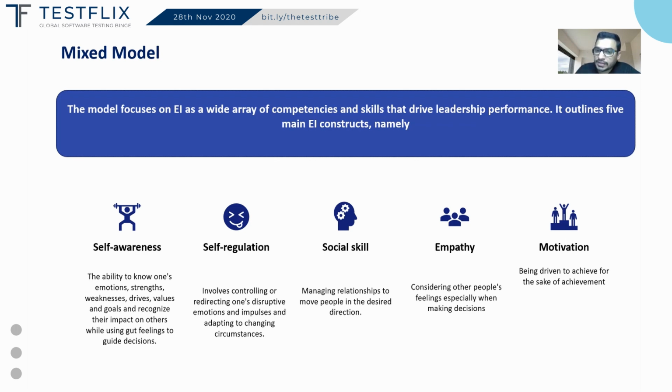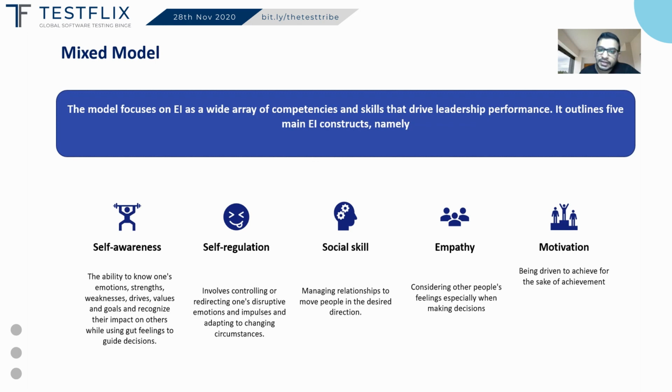You have social skills to manage your relationships with your team members, and you practice empathy, so you ensure inclusiveness in your decisions with others, and you're able to motivate people to not only drive positive results individually, but through people as well. So the mixed model essentially talks about that.